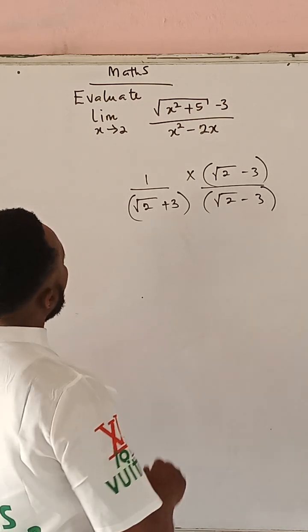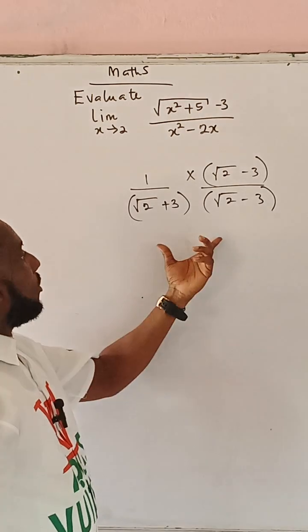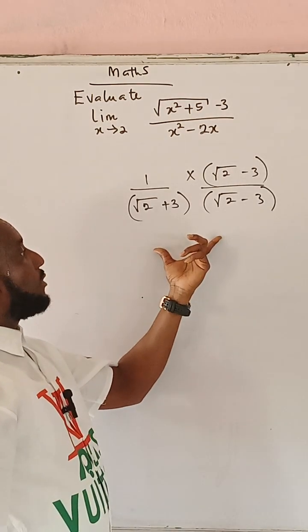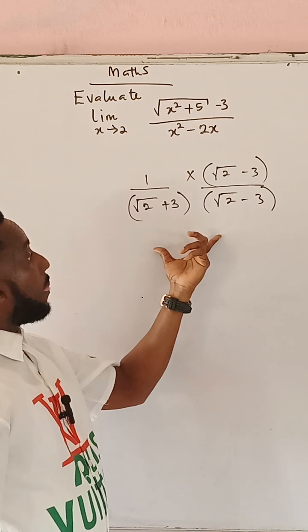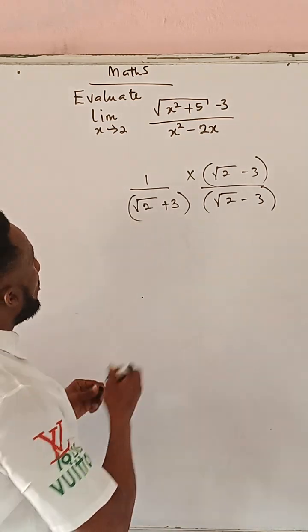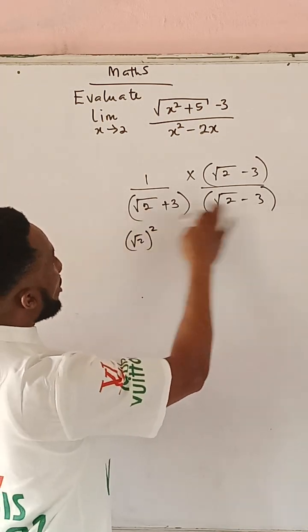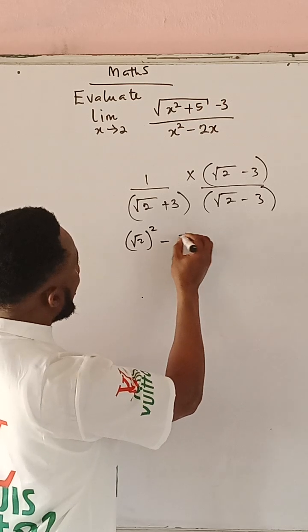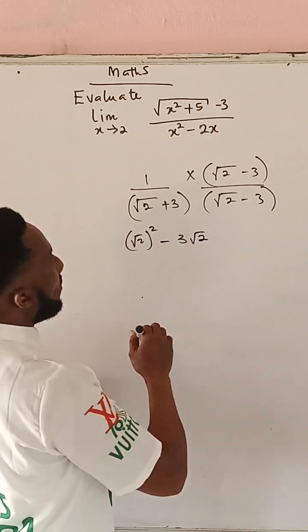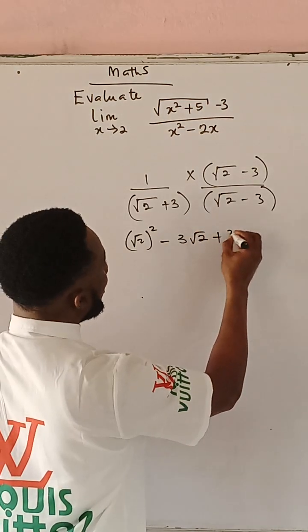Now, look at the denominator carefully here. We have a difference of 2 squares. Now we can check that out. Root 2 multiply root 2 is going to give us root 2 squared. Root 2 multiply negative 3, that will give negative 3 root 2. Here, 3 multiply root 2, that will give us positive 3 root 2.